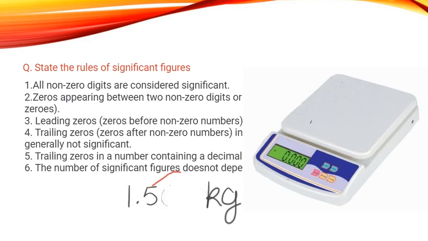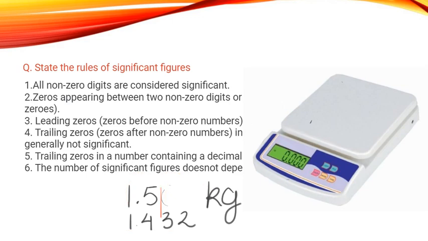You were told to buy 1.5 kg of sugar, but what does the shopkeeper do? He scams you. He will give you 1.432 kilos of sugar.